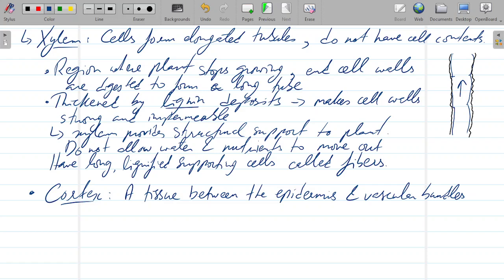And they're often stores of starch. And in green stems, they have chloroplasts as well, so they are able to photosynthesize and make their own food.